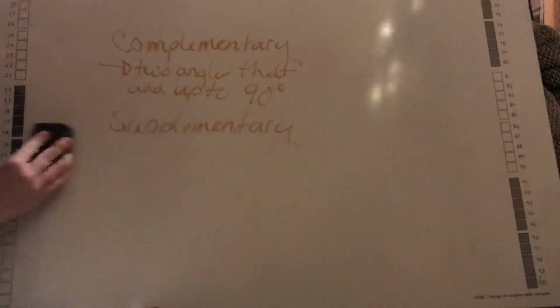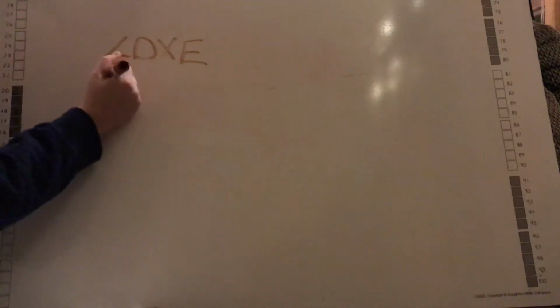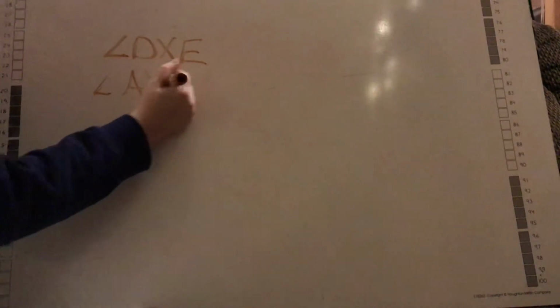Looking at those rays that are laid out on top of that protractor, they want to know our angle DXE and angle AXB. They want to know, are these angles either supplementary or complementary?